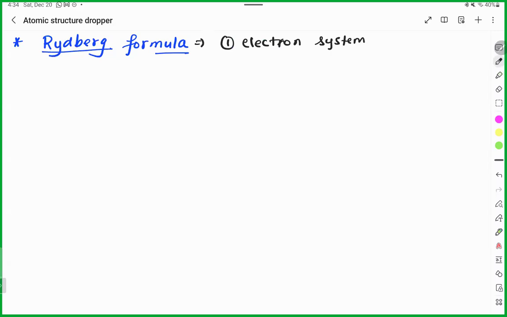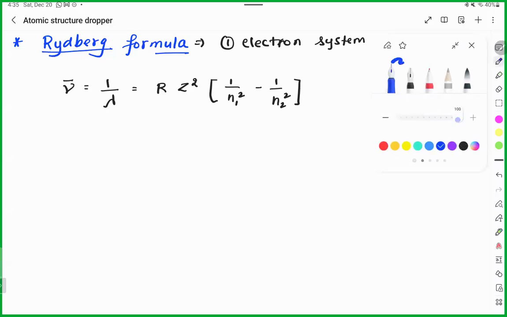In this one electron system, if you want to calculate the wave number, which is also equal to 1 by lambda, it will be equal to R Z squared times (1 by N1 squared minus 1 by N2 squared). And this is extremely important.